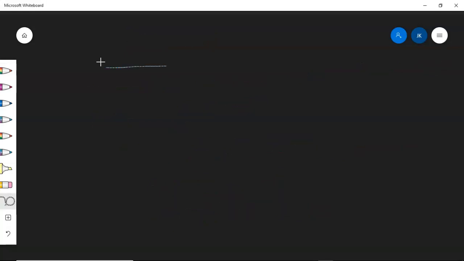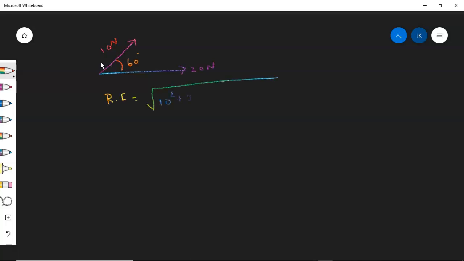Now here is 20 Newton, 10 Newton, and the angle is 60 degree. Now the resultant vector, same formula: 10 square plus 20 square plus 2 times 10 times 20 cos 60.